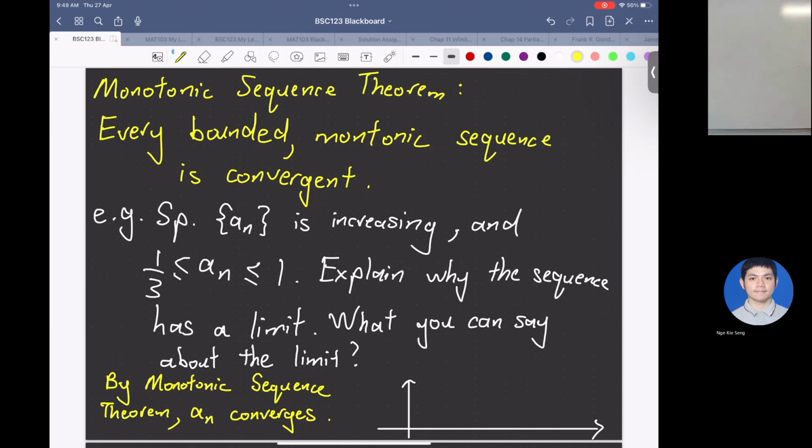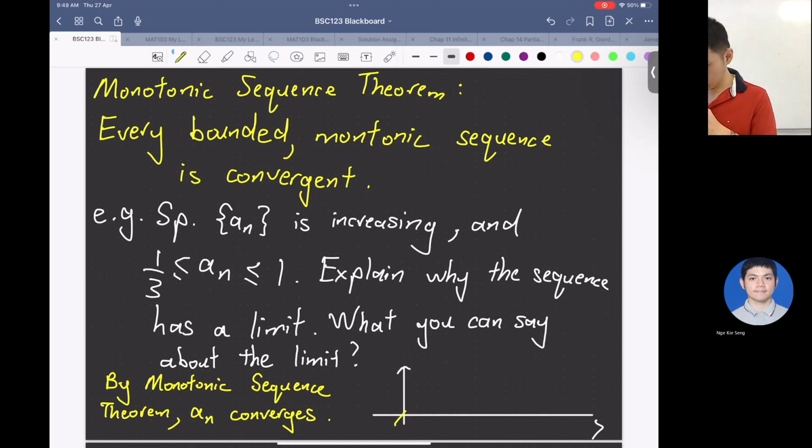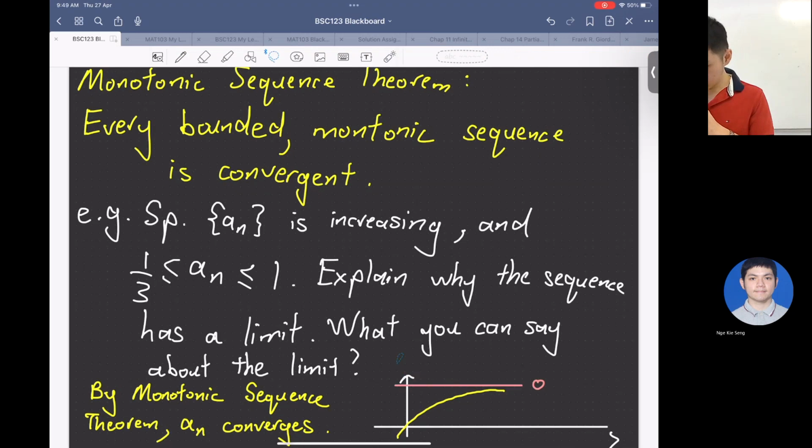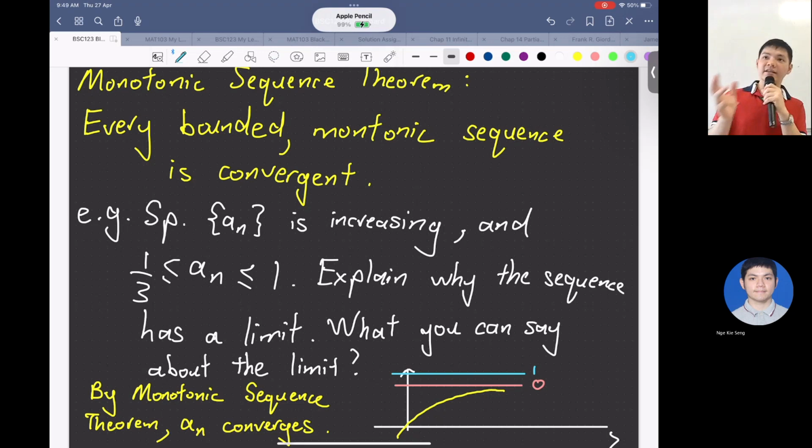Maybe it can be increasing, keep approaching 0. Also can, right? You get what I mean? So if I draw this curve here, increasing, maybe it approaches 0. But maybe 1 is at the top here. So we can only say that the limit is less than or equal to 1.